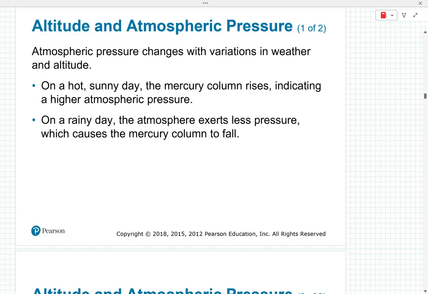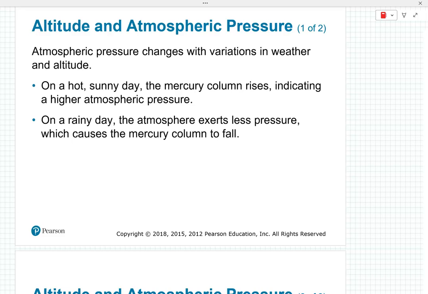So, remember what happens to the velocity and the frequency of collisions when we increase the temperature. When we increase the temperature, the frequency and the velocity of collisions go up. If frequency goes up and the velocity goes up, the pressure goes up.